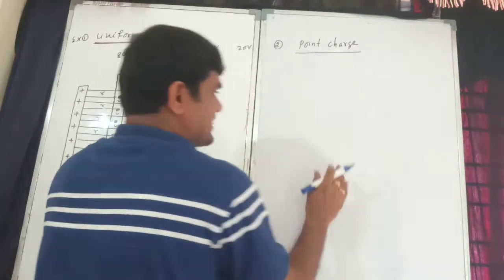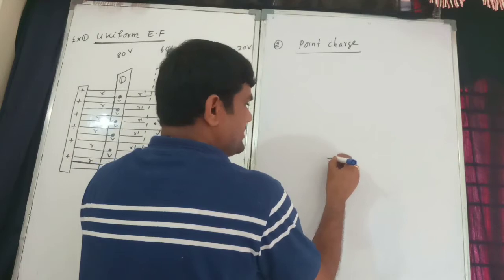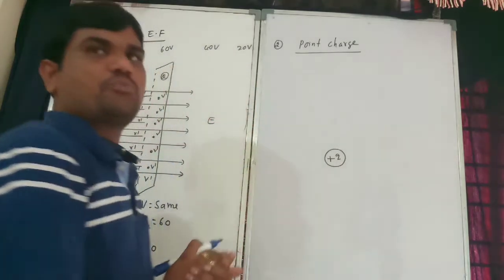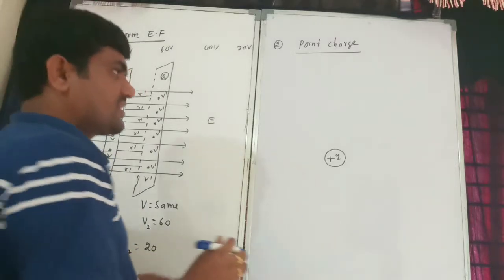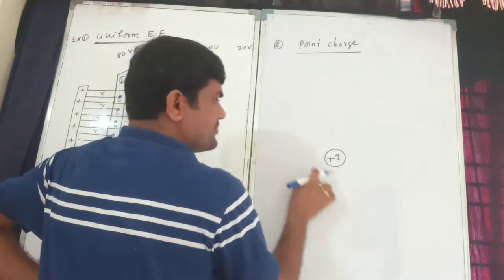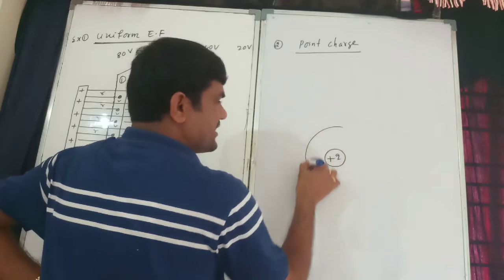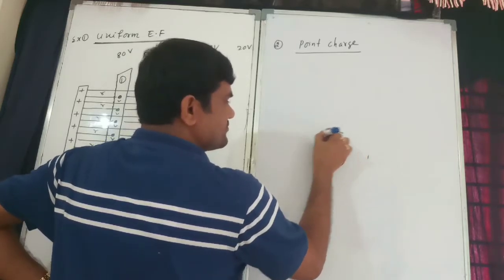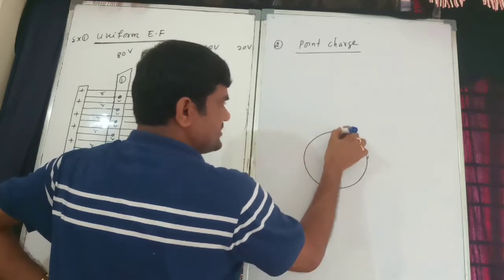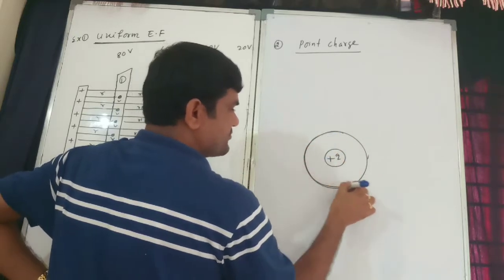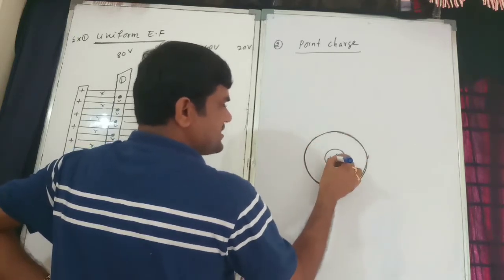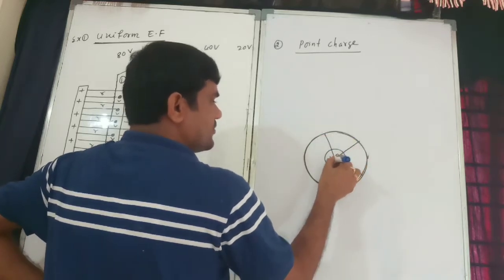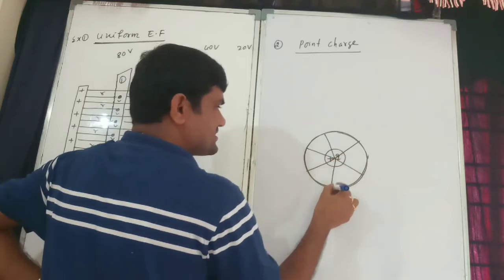So for example here I have a positive point charge. Around this point I can draw one circle with the same radius. Wherever you see, the radius is same, that is R itself.